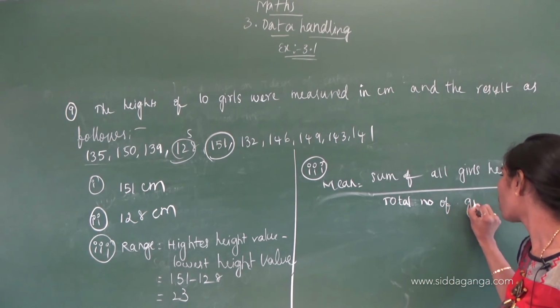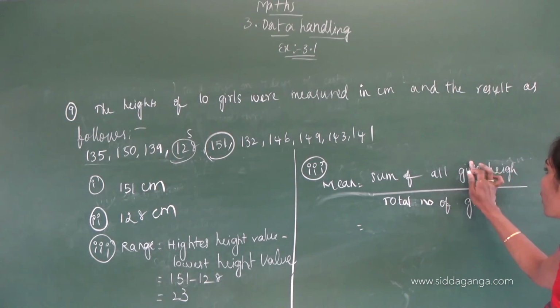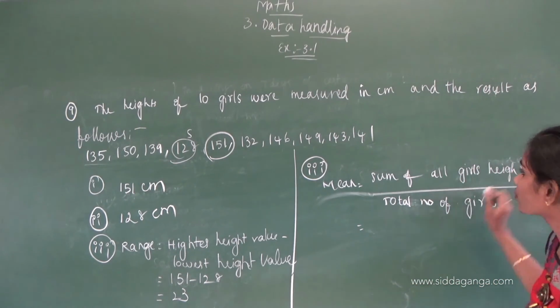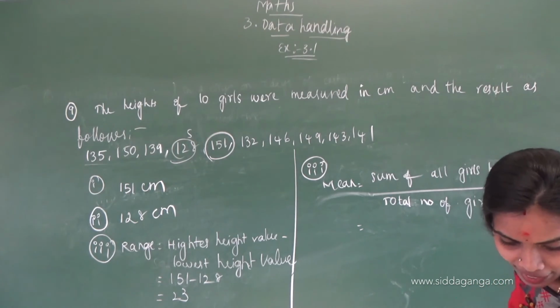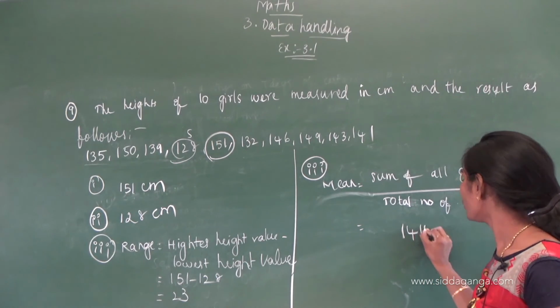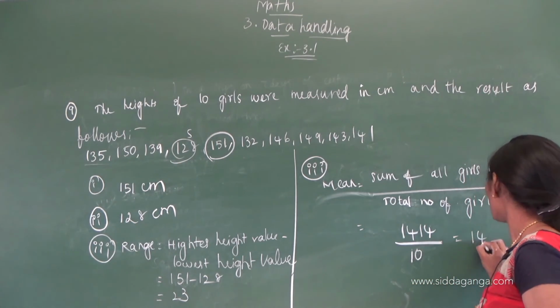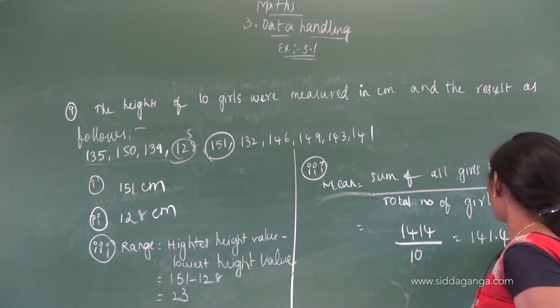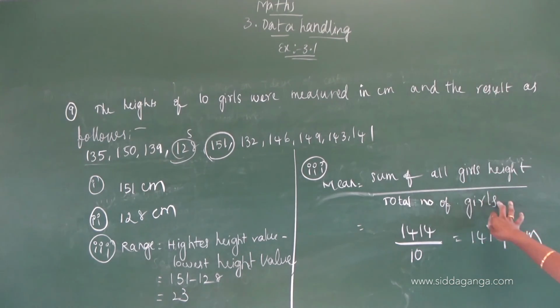If you take the sum of all girls' heights, we will get 1440. Check that one. Divided by 10. What will you get? 141.4 centimeters is the mean of the given data.